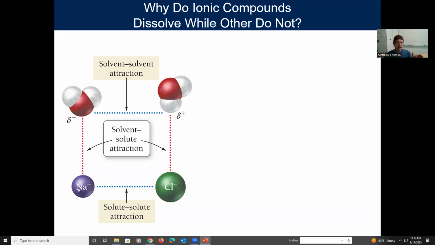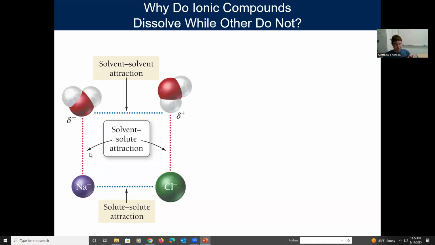We also know that sodium cation and chloride anion like to interact with each other via an ionic bond. So there exists solvent-solvent attraction and there exists solute-solute attraction. To get the sodium chloride to dissolve in the water, we have to overcome that solute-solute attraction and that solvent-solvent attraction to then favor what's called a solvent-solute attraction.